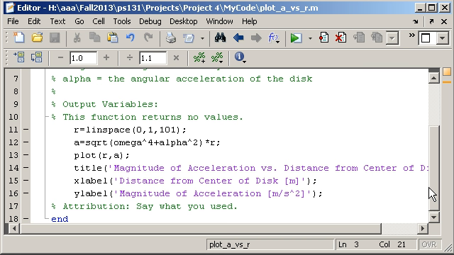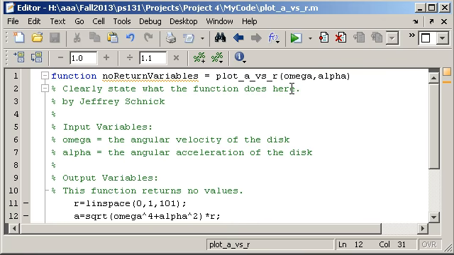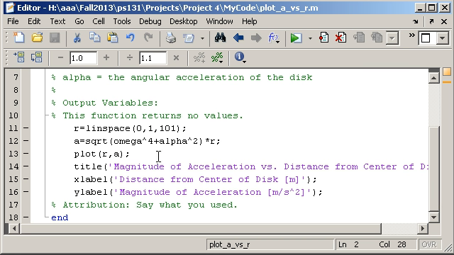For the case of a function that includes segments that are not self-explanatory. Here's the evaluation of an expression for the magnitude of the acceleration, which hopefully you've described up there and clearly say what the function does. So, and then plot it. Oh, the linspace, it's pretty clear.